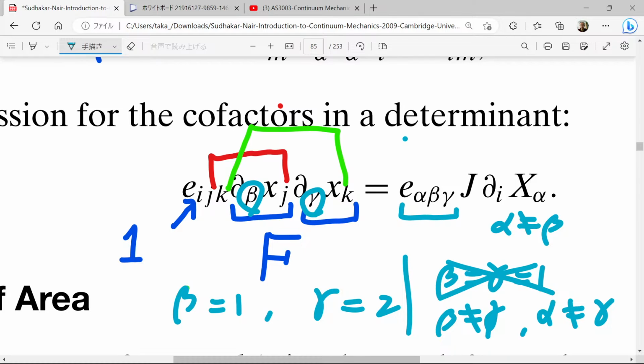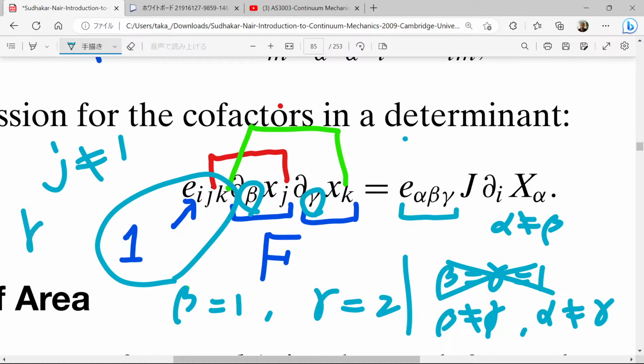So J, K are not 1. From here, J shouldn't be 1, K shouldn't be 1.